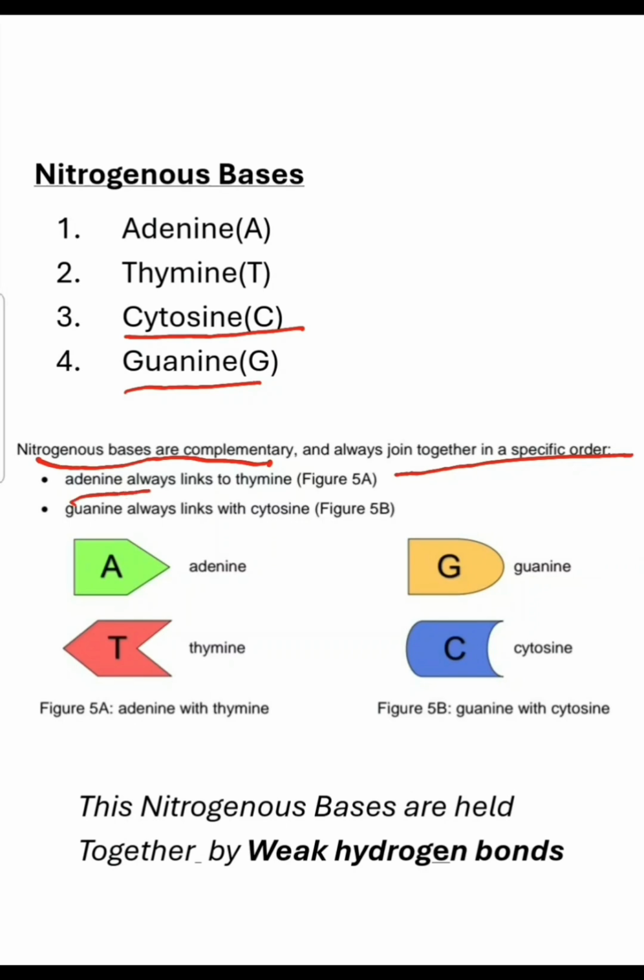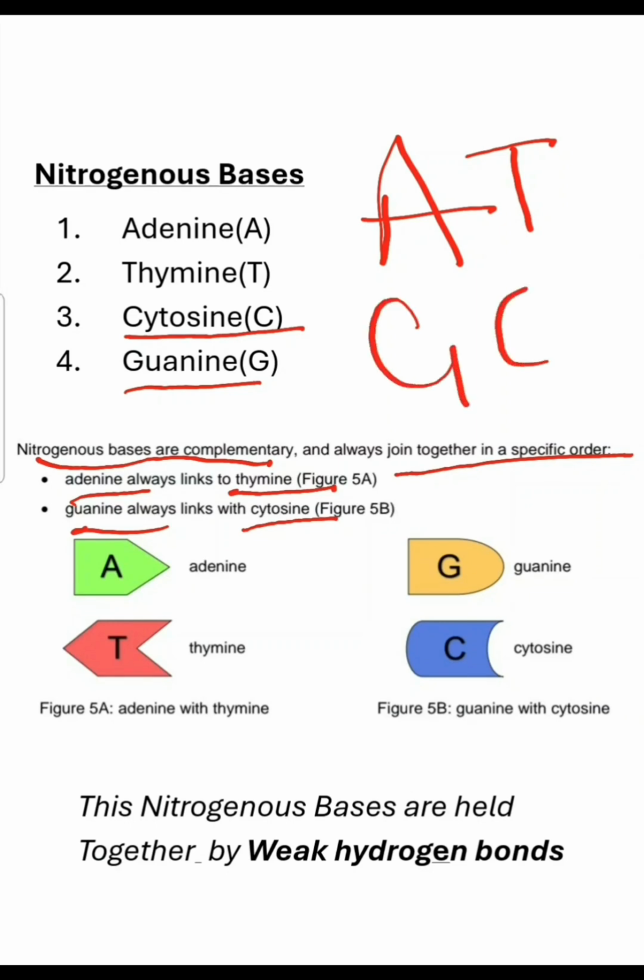Adenine always goes with thymine and guanine always goes with cytosine. So basically you should remember A, T, which means adenine goes with thymine, and G, C: guanine goes with cytosine, or cytosine goes with guanine. It's one and the same thing.